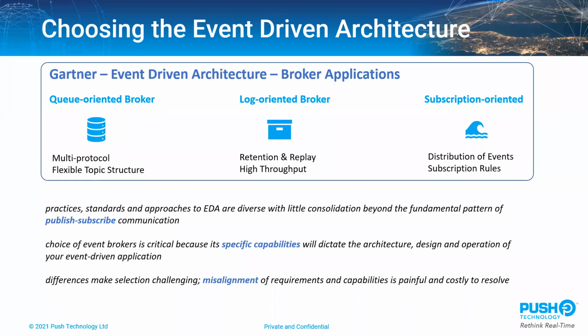And as we see here in the notes, practices and standards and approaches to EDA, they're all diverse, and they all claim to do pub/sub. So it could be very foreseeable that there is some misunderstanding about the roles of these different brokers in the overall EDA architecture as to what is the most efficient platform to use, potentially introducing a hybrid architecture where a couple of these or all 3 of these are used in different processes of your overall EDA architecture.